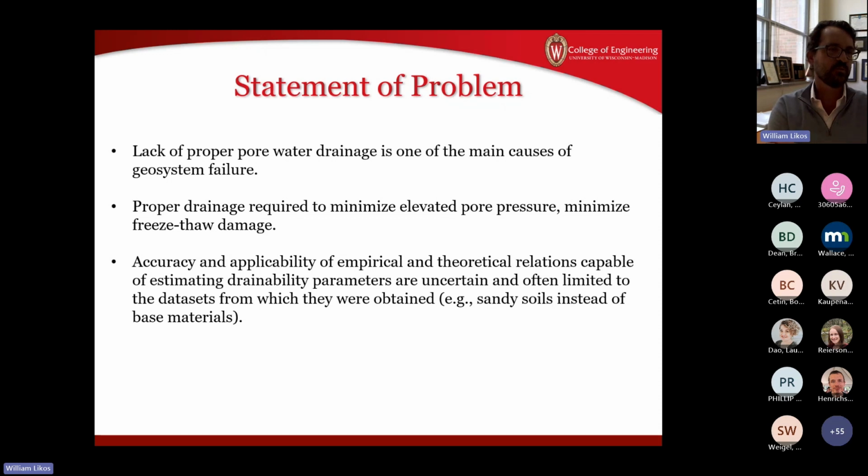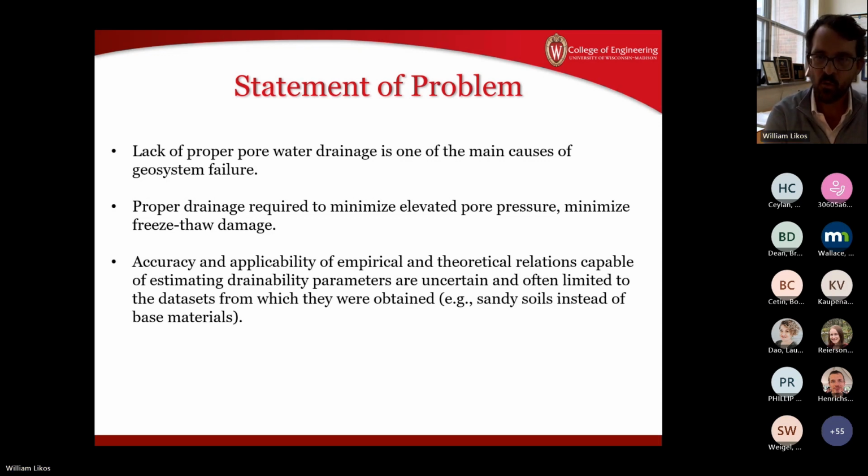With regard to rating materials for drainability, there are a number of empirical and theoretical relations that are available to estimate things like hydraulic conductivity, things like soil water retention from relatively easily measured properties. But like any empirical relationship, these should be used with caution, and really they're only applicable for the data set for which they were developed.